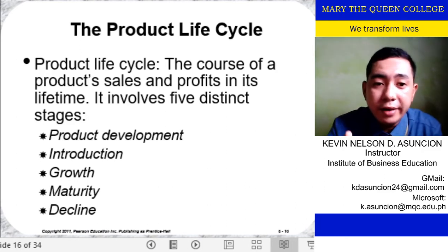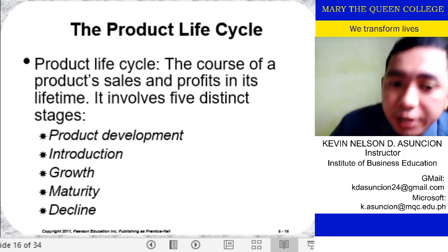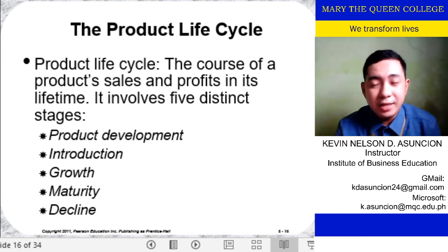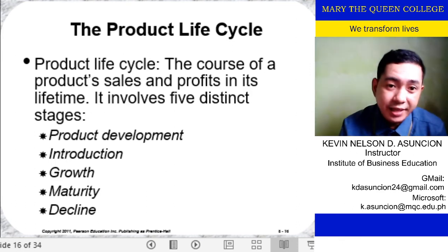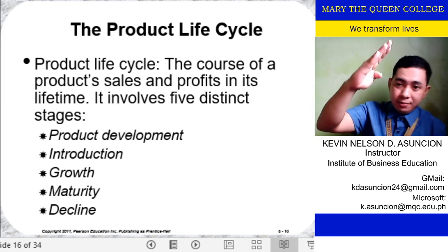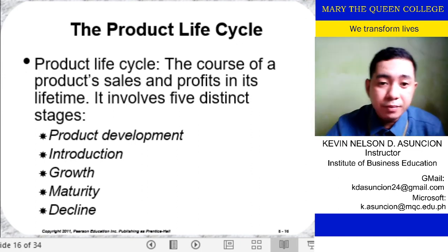And yung ikalawa is the introduction of the product. So when you start commercialization, of course, when you do introduction, maraming mga bigat yan, maraming mga challenges yan. And then you get to go to the growth, tataas yan, yung market mo, and then you'll be achieving maturity and you go to decline, no?